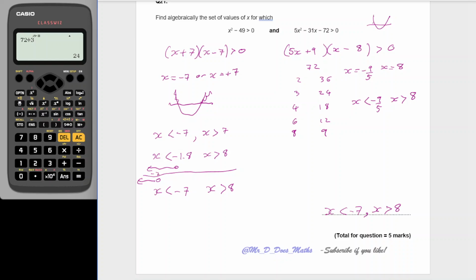That's at minus 7, that's at minus 1.8, and then over here, I'm trying the wrong ones there. So here we need the double lines really, so it's got to be less than minus 7, and here we've got to have the double lines, so that was 7 and that was 8, so greater than 8. Okay.